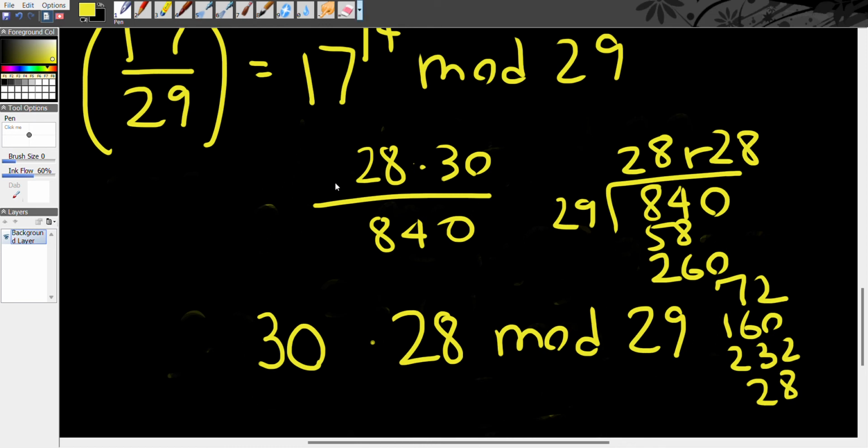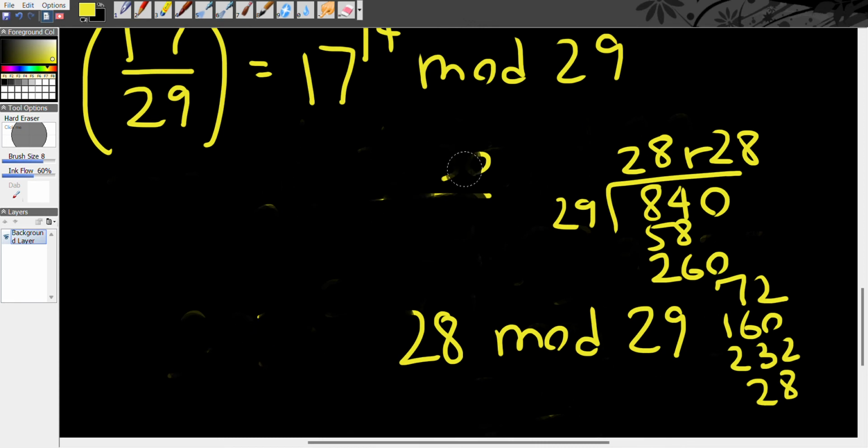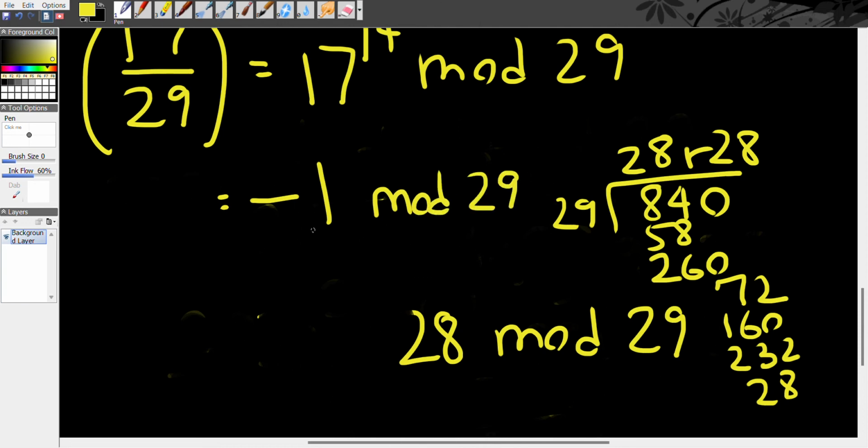So what do we have as our final answer? We have 28 mod 29, which happens to be minus 1 mod 29, or minus 1. That's what the answer for the Legendre symbol is for 17 over 29.